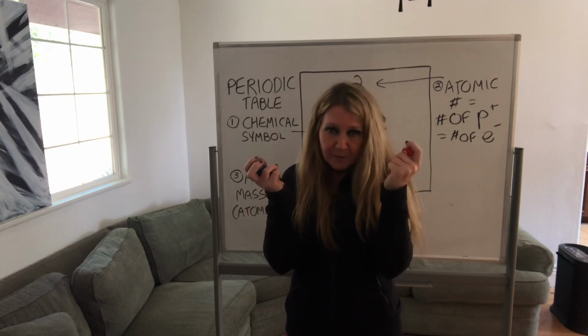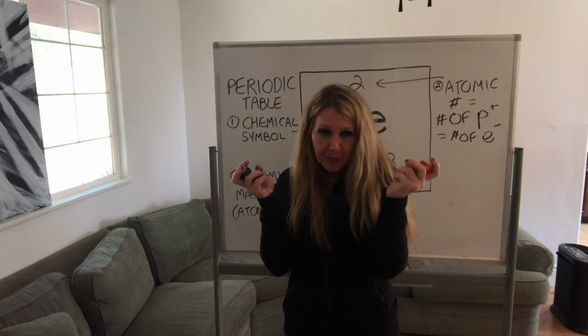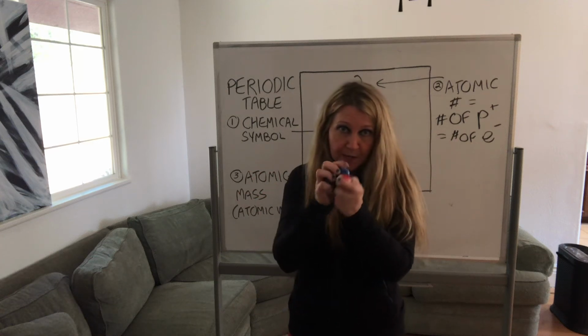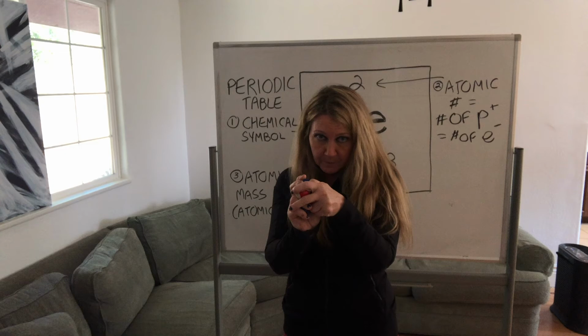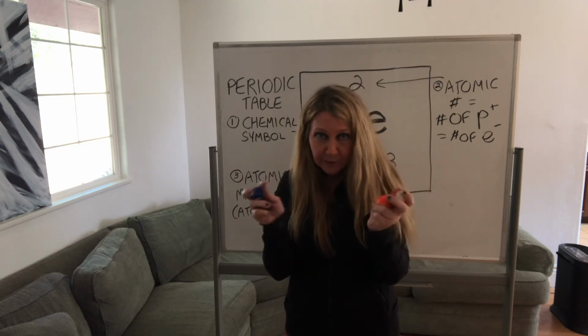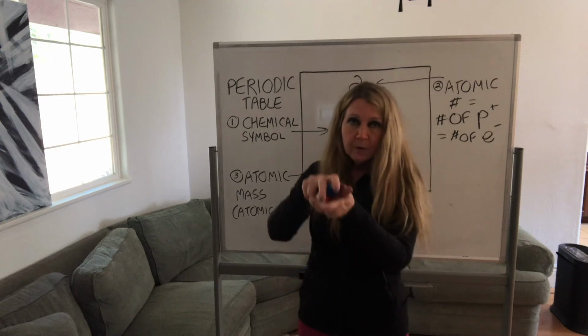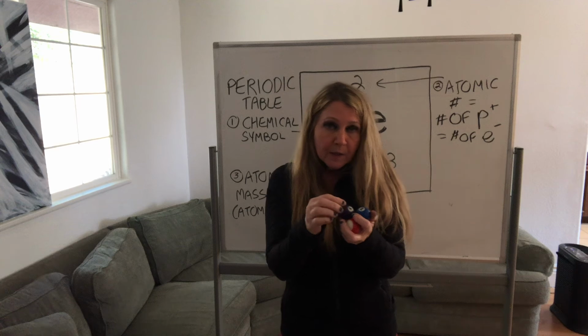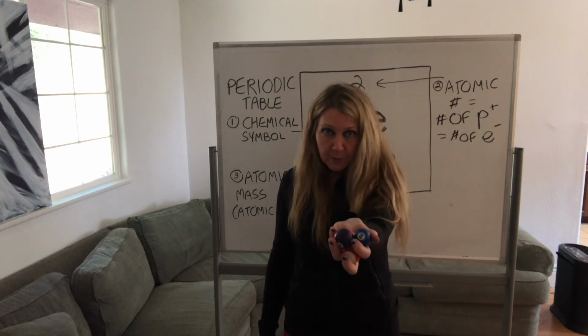But when you're talking about the mass of the atom, most of the mass is actually in the nucleus, in the center. Almost all of it, because the electrons have almost no mass. They're very, very light. They're very, very small. So the atomic mass, or the atomic weight, is the nucleus.